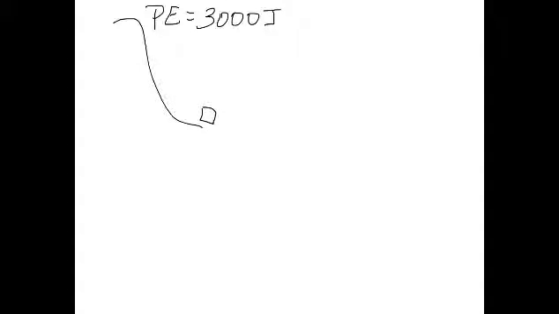Let's look at another example. Back to our roller coaster. We know it started out with a potential energy of 3,000 joules. So at the bottom of the hill, how fast is it going? We know mass is 2 kilograms.